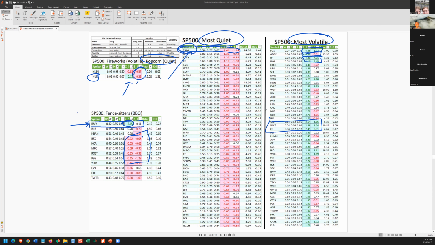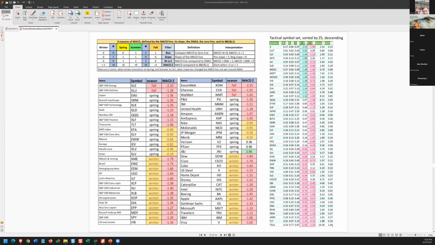There's your sniper auto framer stats. Here's your tactical symbol set with the sniper stats. Notice the predominance of green-reds, which was odd because today was almost like a washout kind of day. Being dominated by winter everywhere you look.